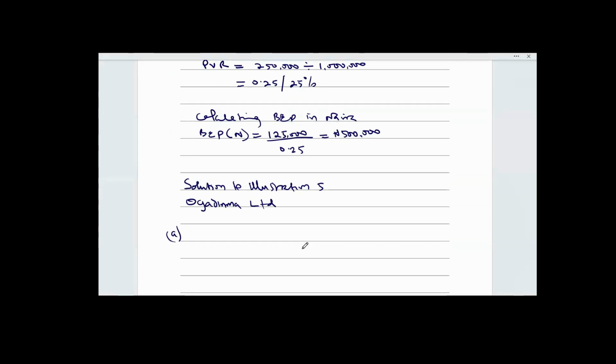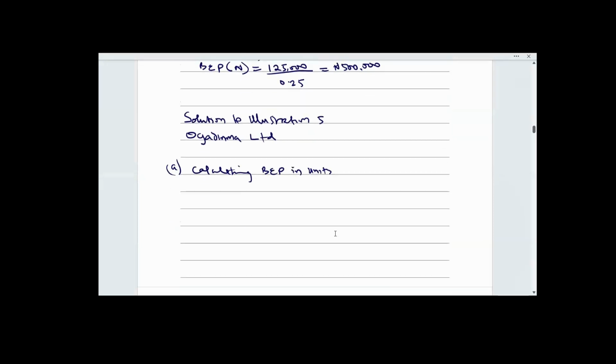The examiner wants us to determine break-even points in units for each product. So I would then say calculating break-even points in units. That's what the examiner wants us to do. Now, there is no formula that you can use directly to get the break-even points in units for each product without following the normal procedures. You can't jump it, all right?